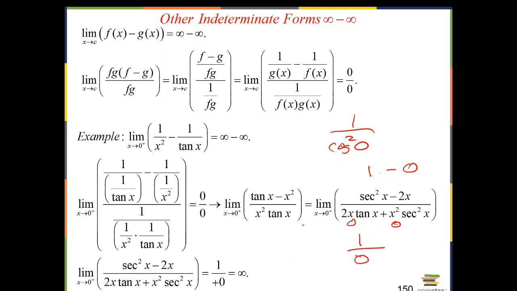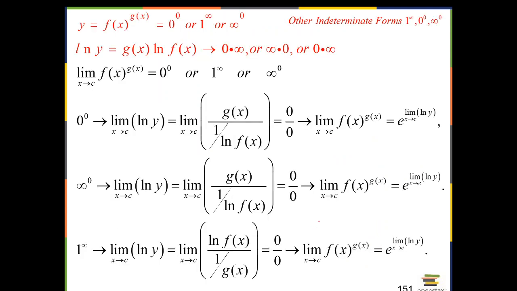All right, so let's look at the other three forms, right? So we talked about 0 over 0, we talked about infinity over infinity, we talked about 0 times infinity, we talked about infinity minus infinity. What do we do with the other three, right?